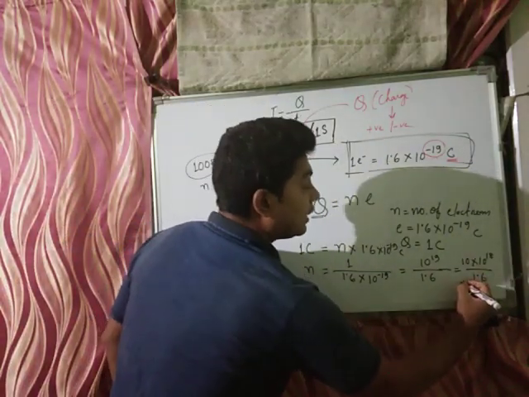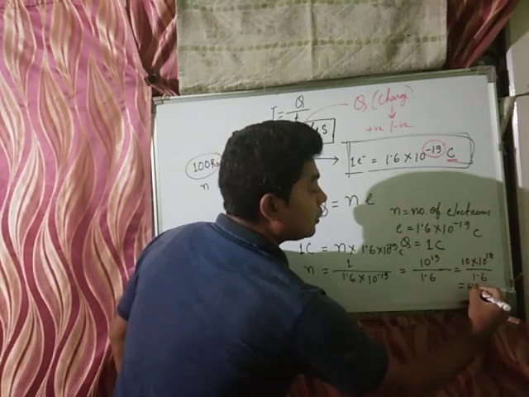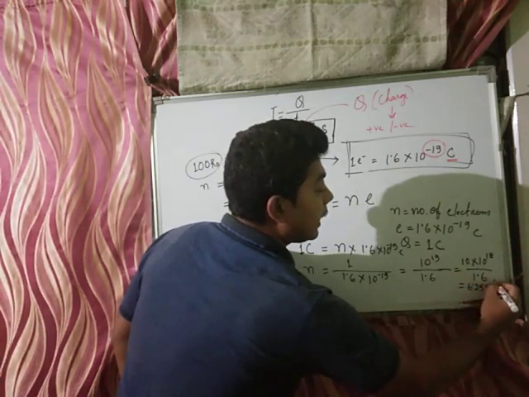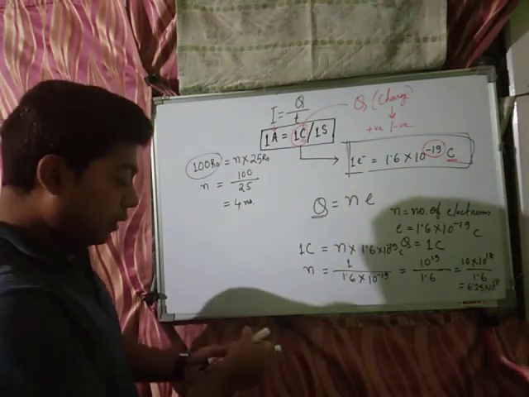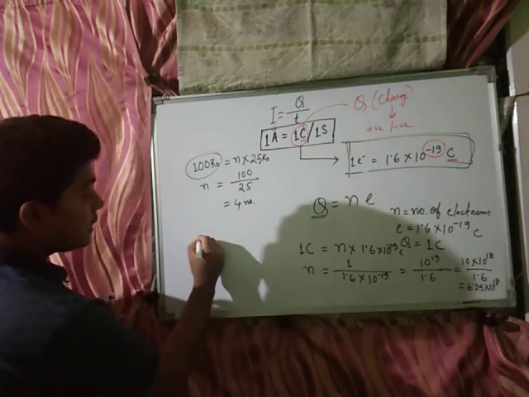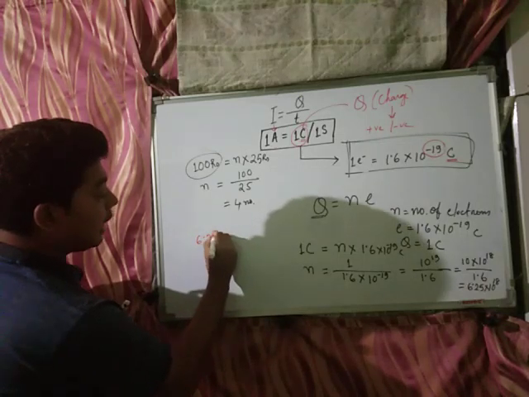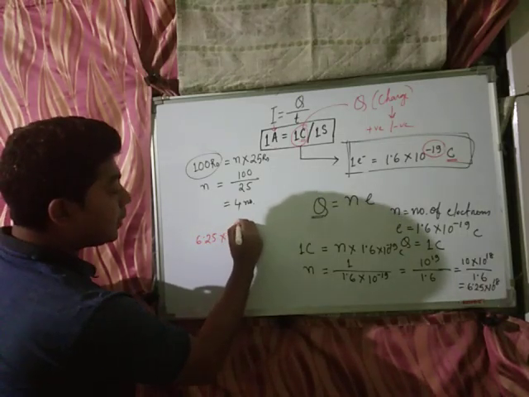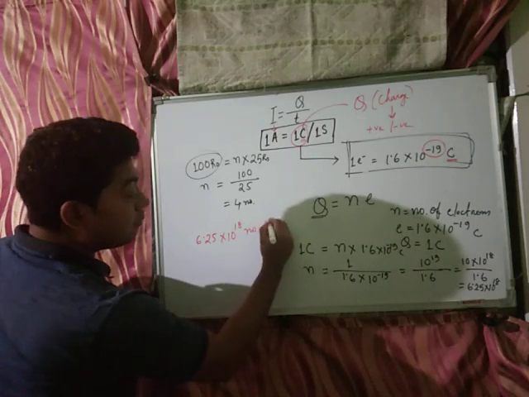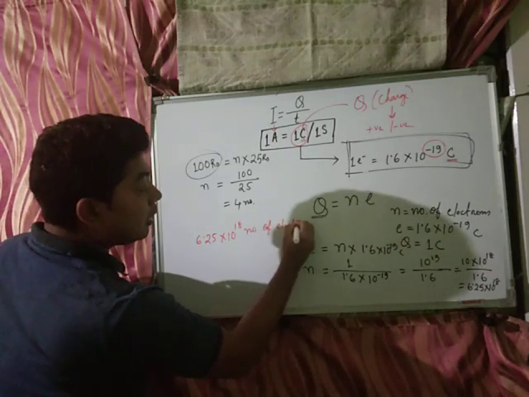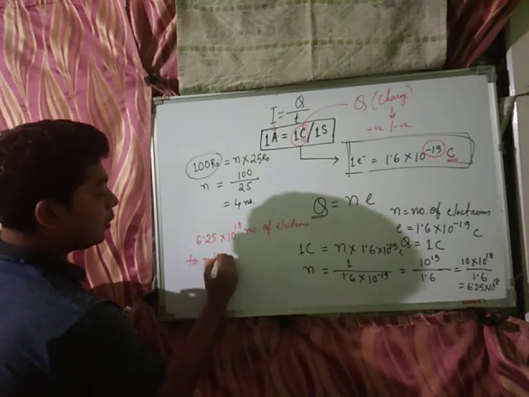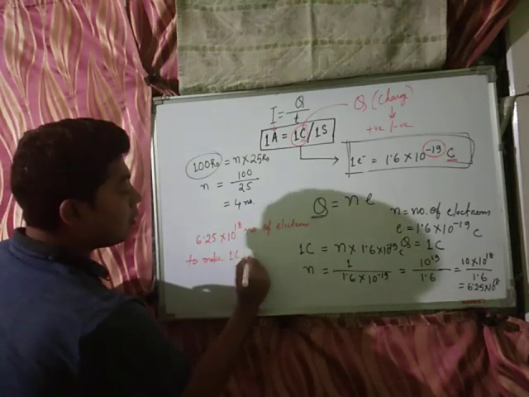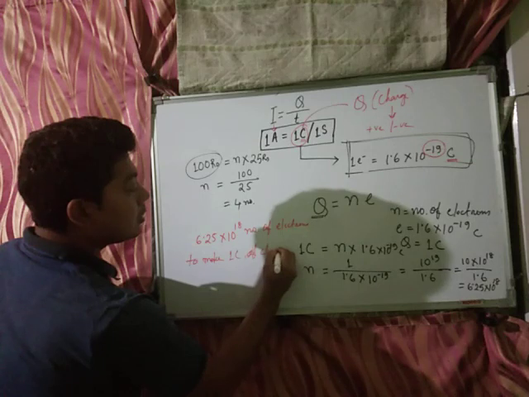If we divide that, then we get 6.25 into 10 to the power 18. That means you require 6.25 into 10 to the power 18 number of electrons to make 1 coulomb of charge.